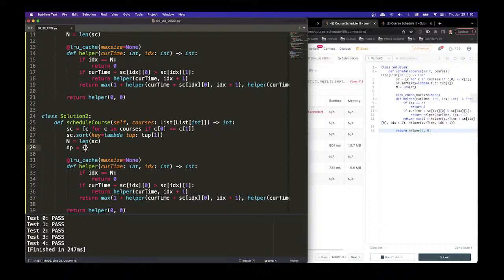We'll make it a dictionary. I don't know.